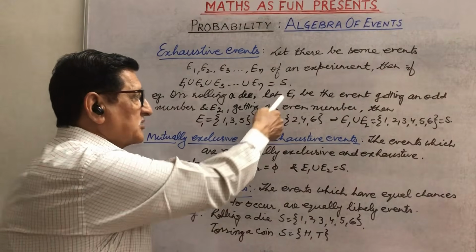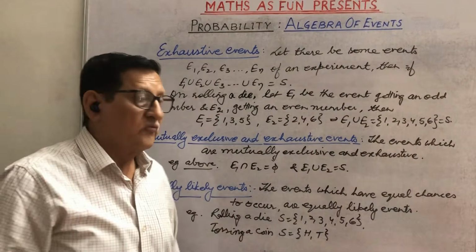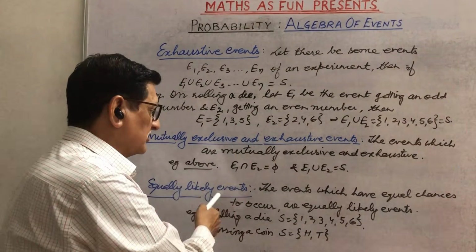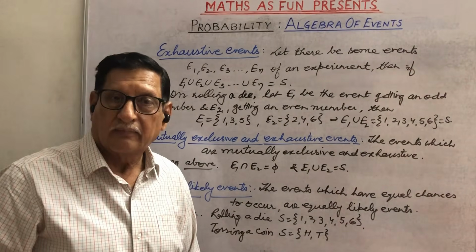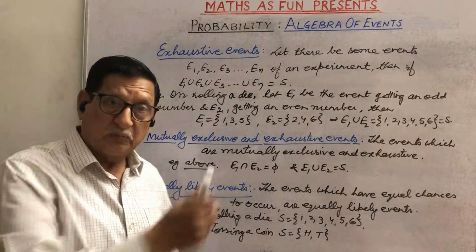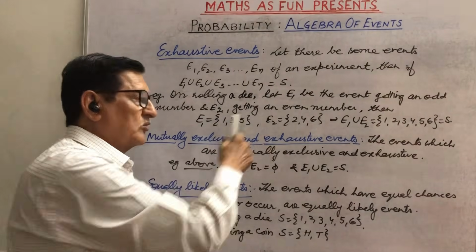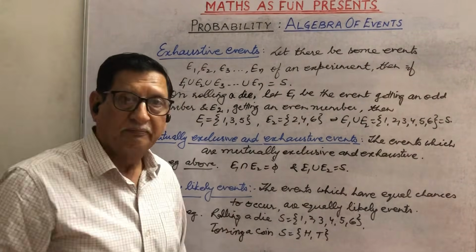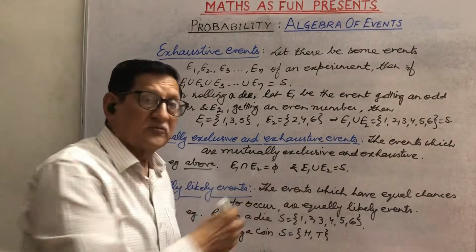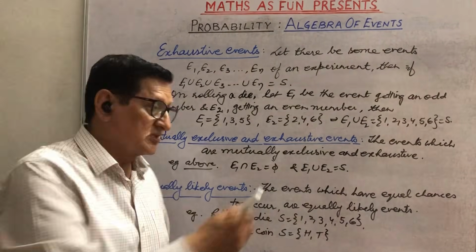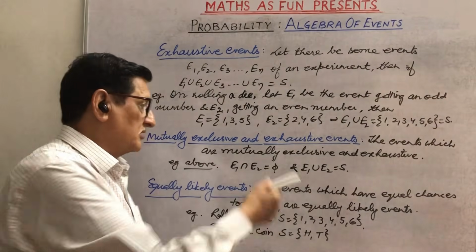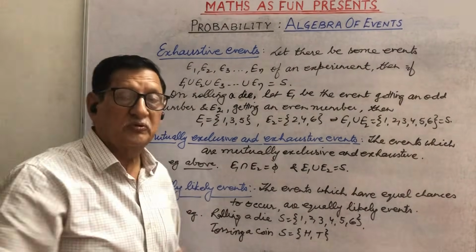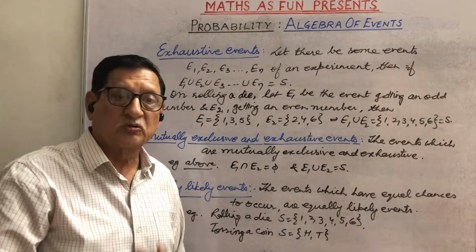Like here, in the same experiment, we find that E1 intersection E2 is empty. It means these both events cannot occur together, so they are mutually exclusive. And also the union of them forms the sample space, so these are exhaustive events. So we can say these two events are mutually exclusive and exhaustive events.